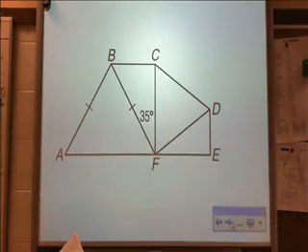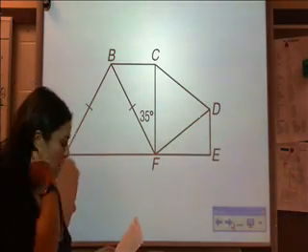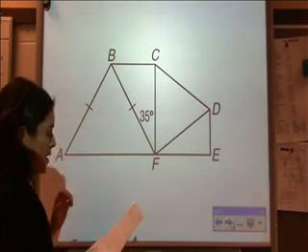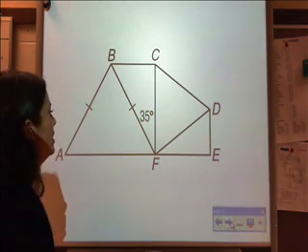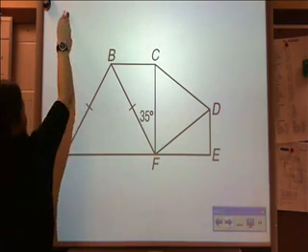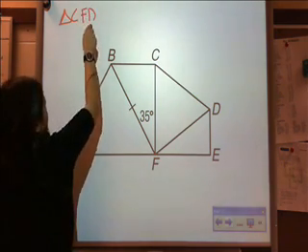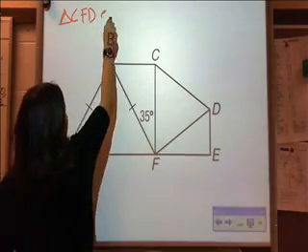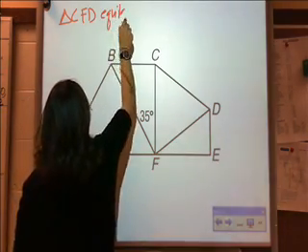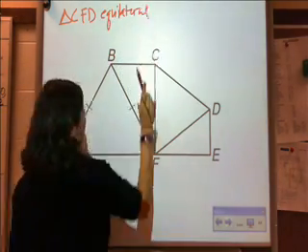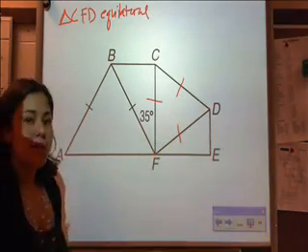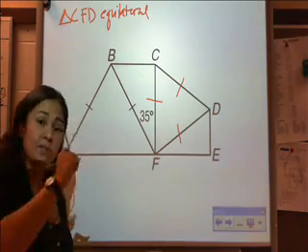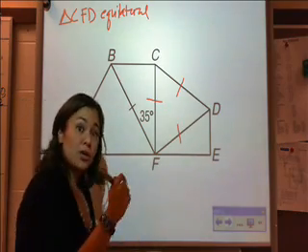And finally, on this problem, let's see, on this problem, I forgot to give you the information. Triangle CFD is equilateral. Okay? So on a test, you'd be given that information, and you would have to put your little tick marks on your triangles, okay?